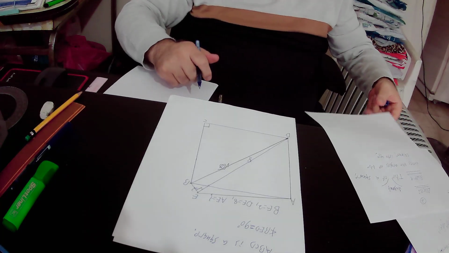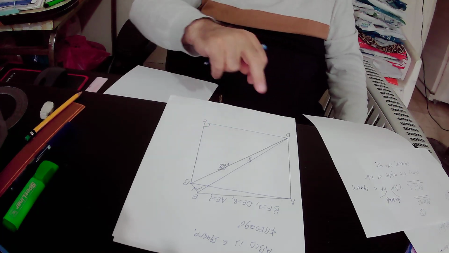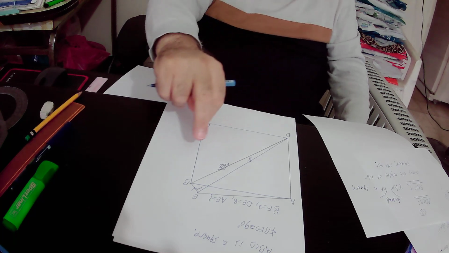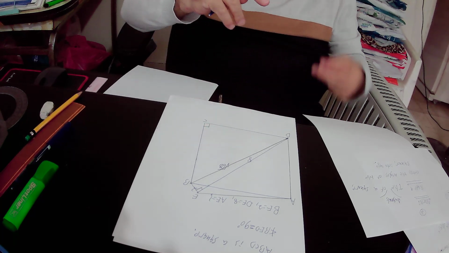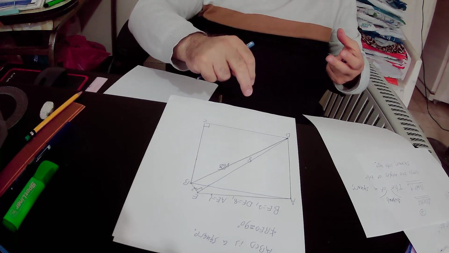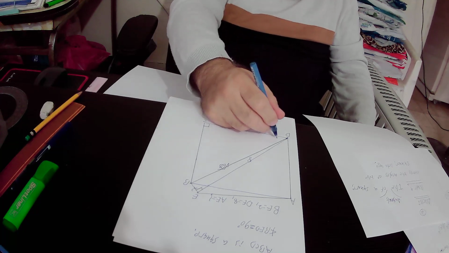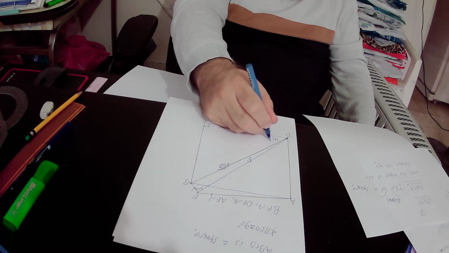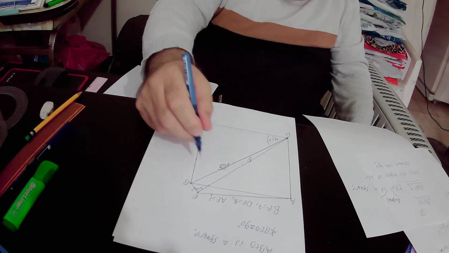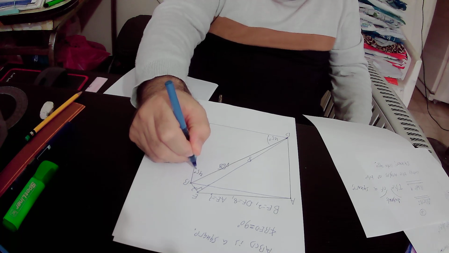So we have square ABCD and we have diagonal DB, and according to rule number 1, the diagonal DB crosses the angles of the square into angles of 45 degrees, therefore angle BDC will be equal to 45 degrees, and also angle CBD or DBC will be equal to 45 degrees.